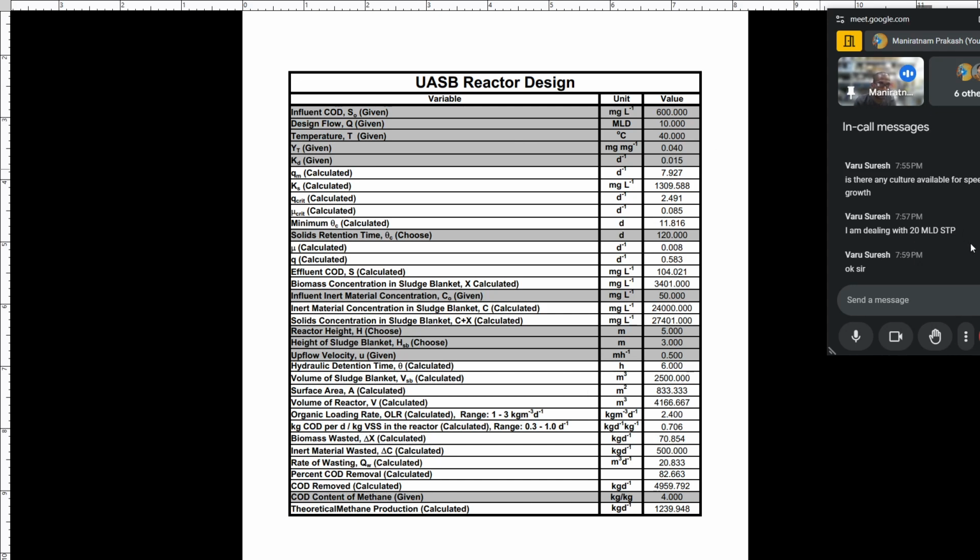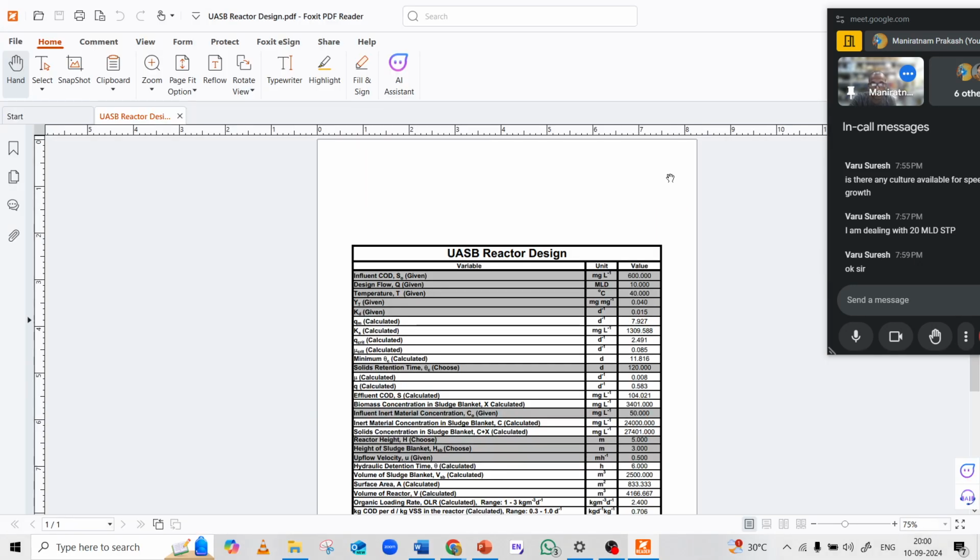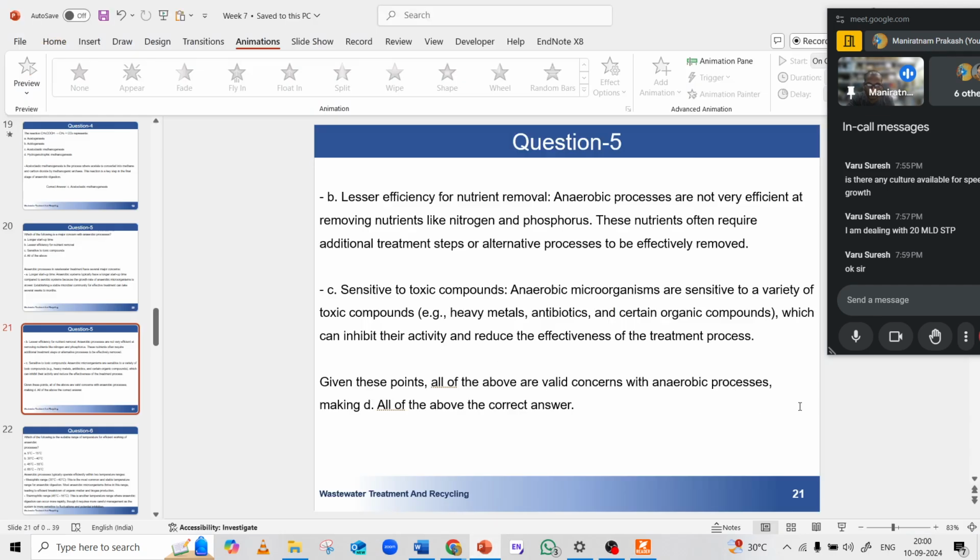Similarly, for your 20 MLD, you can just estimate. Remember, it's a theoretical example, and in a real ground situation it may change also. But this will give you one idea of how this UASB reactor has been designed, keeping in mind how much methane can be formed. I hope this was clear to you.